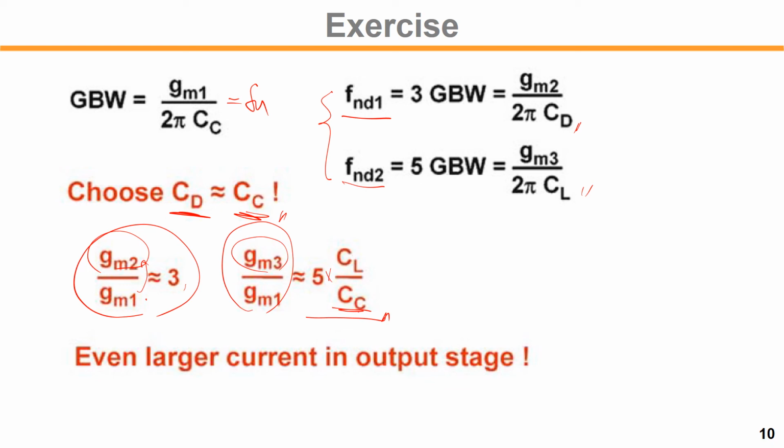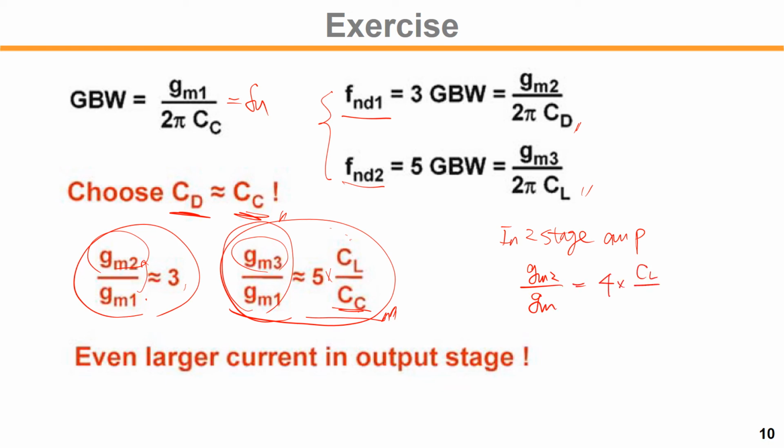It must be much larger, a larger ratio is required compared to the two-stage. In a two-stage amplifier, the GM2 over GM1 was what? 4 times CL over CC, right?